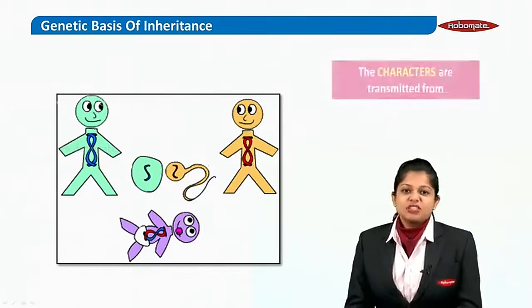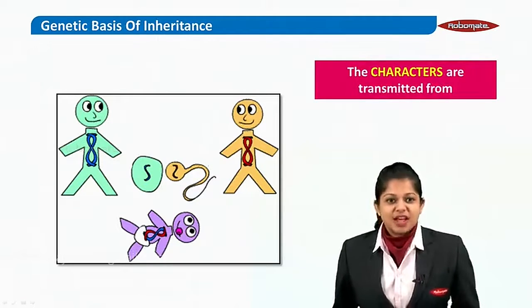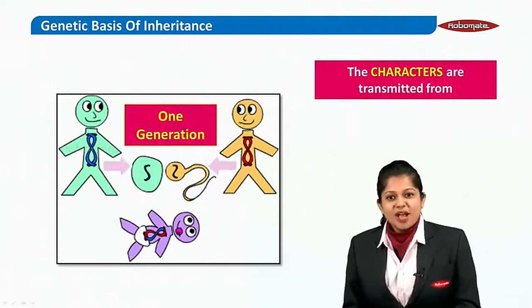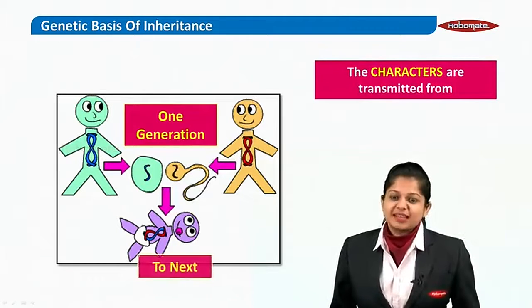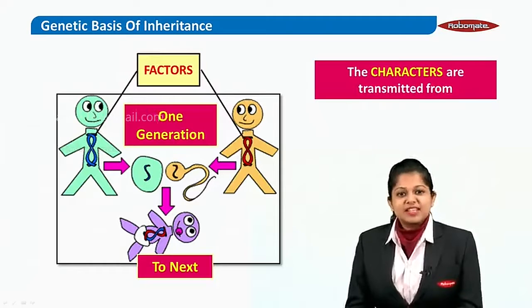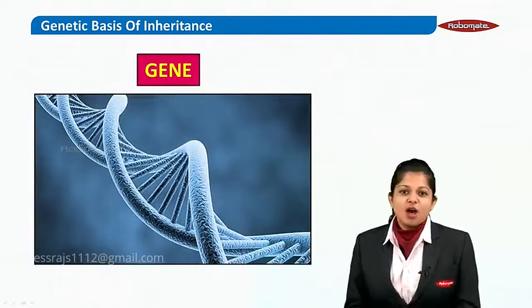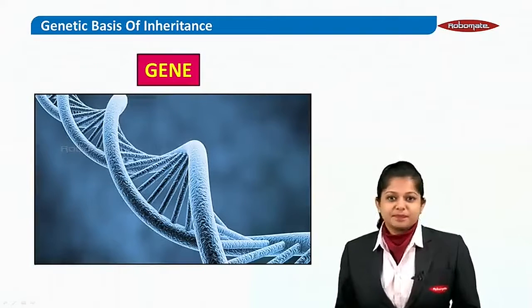Johann Mendel was the first one to talk about the characters that are transmitted from one generation to the next through the particles known as factors. These factors are now known as genes.